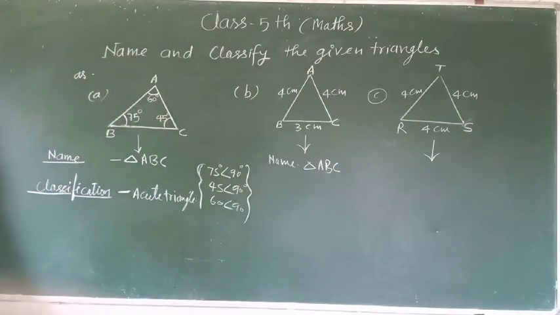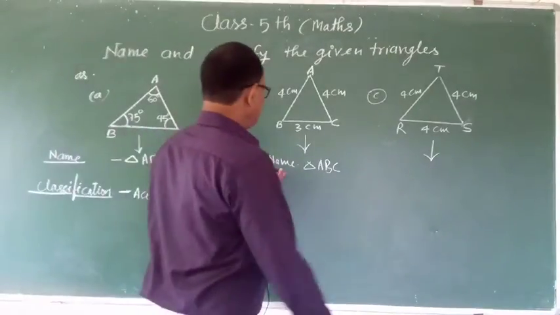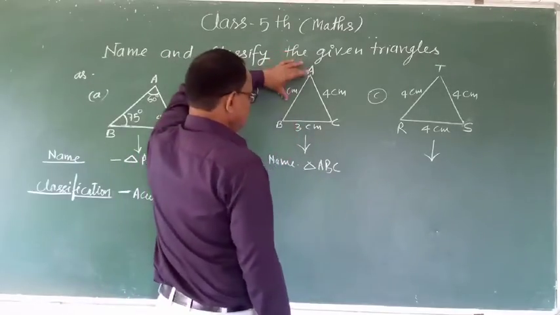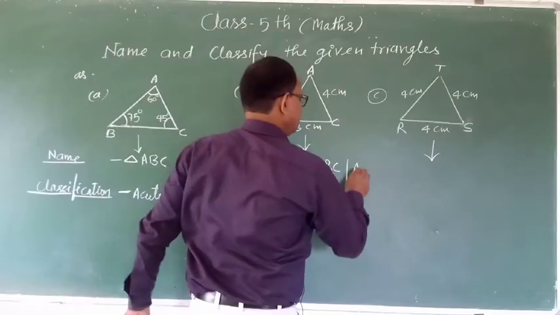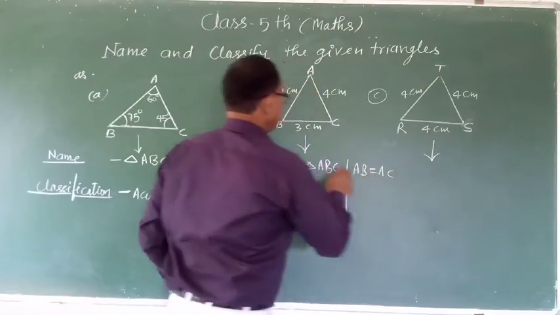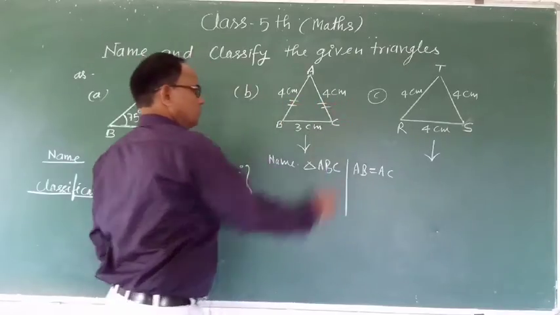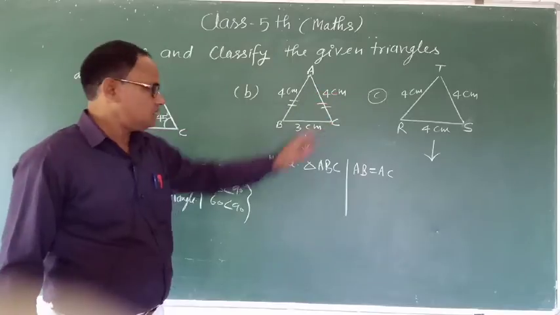But here, AB is equal to AC. Two sides are equal. AB is equal to AC.